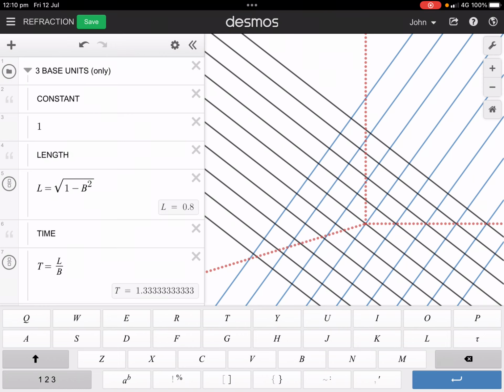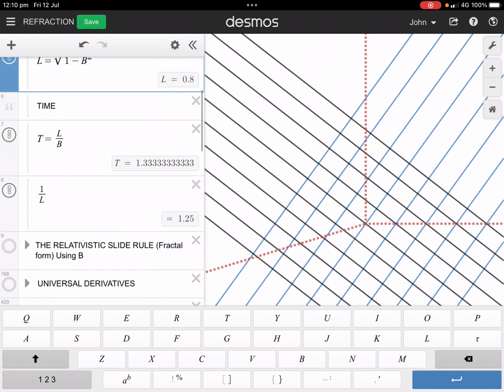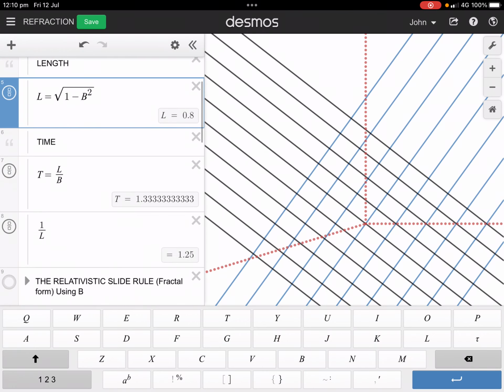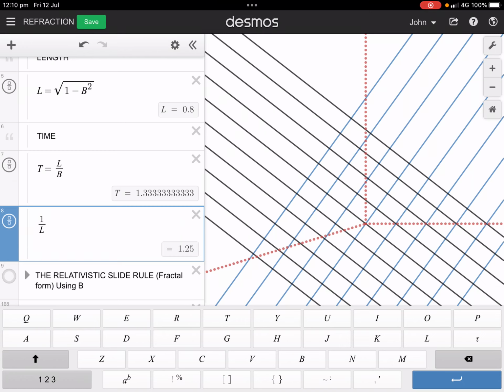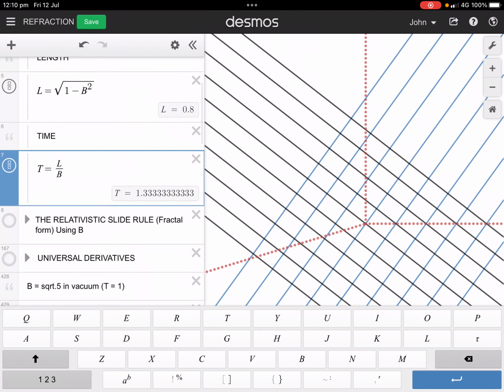Just running through this again, there's only 3 base units, the Lorentz transform there, and then Einstein said therefore time dilation is the inverse of epsilon, which is L, but I have decided that it's T. It's actually distance over velocity, which is just the usual velocity is distance over time, so I've just done that. So it's not time, that's time.